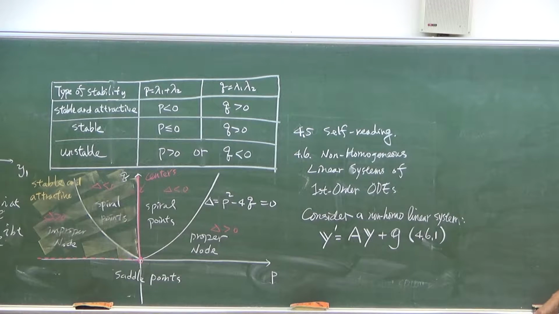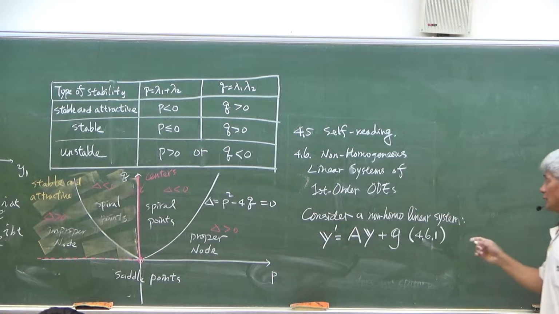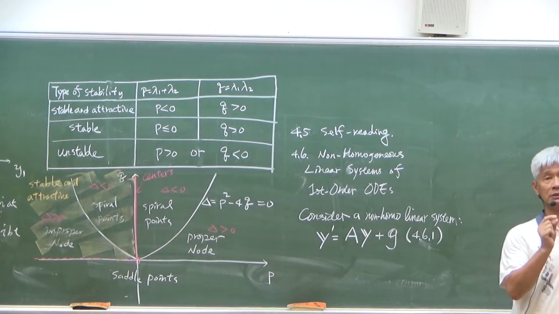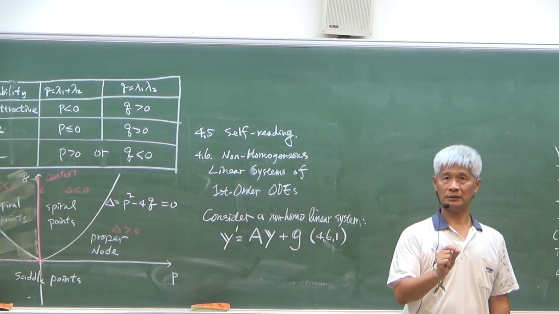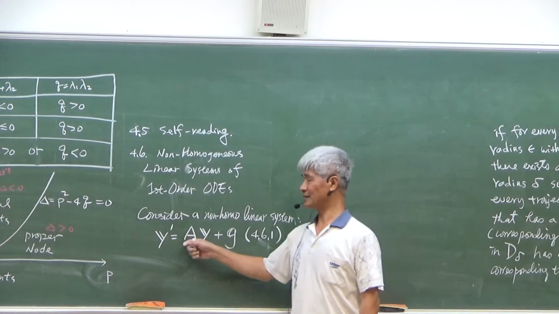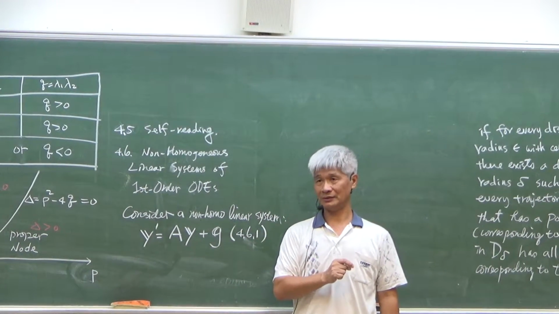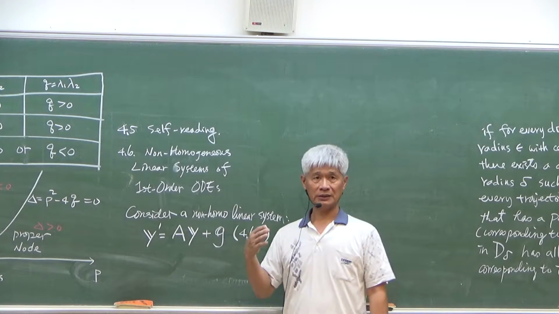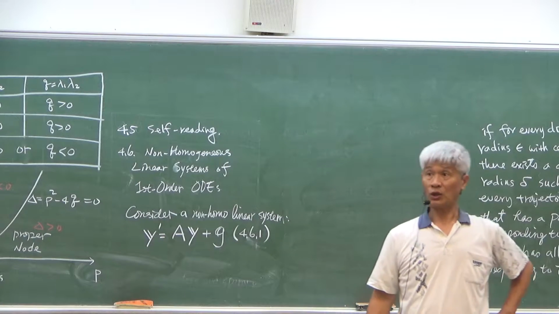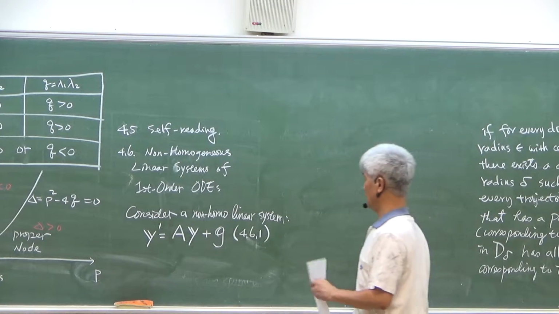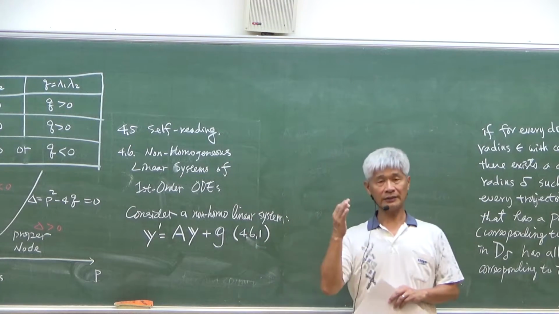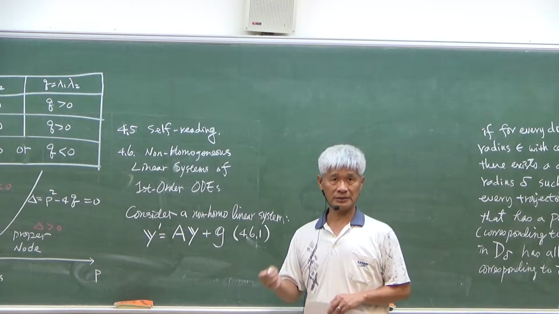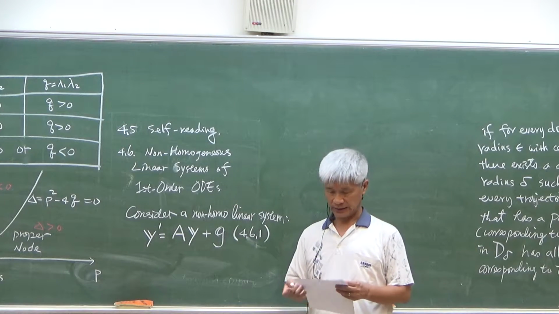In general, the coefficient matrix A may be a function of x. But most often we will consider A to be a constant matrix, because we know how to solve this type of linear system with the corresponding homogeneous part. And G is the non-homogeneous part, and of course in general it's a vector function of x.